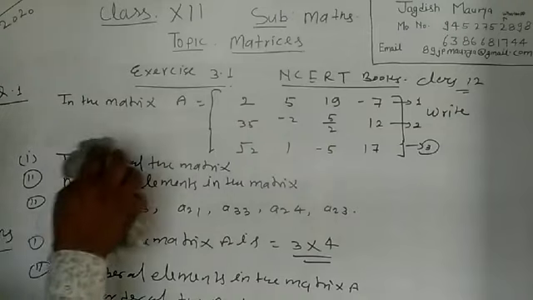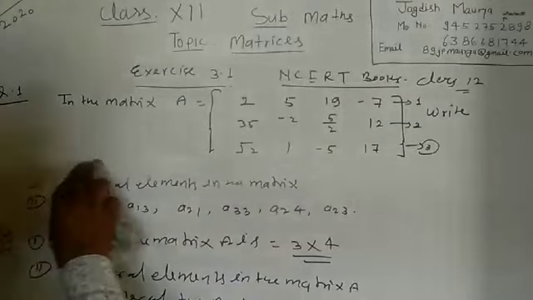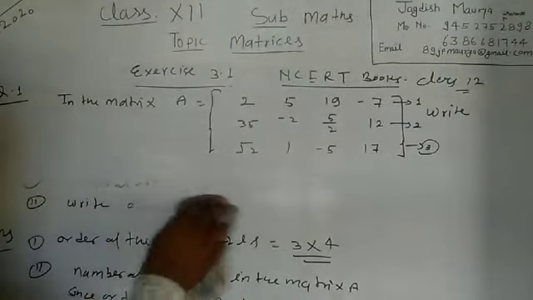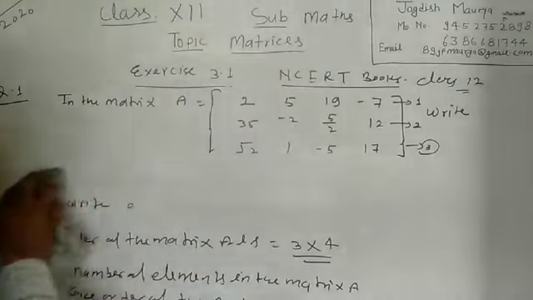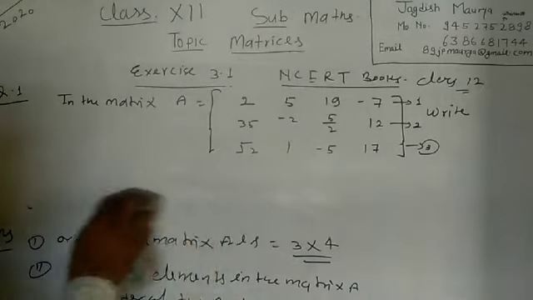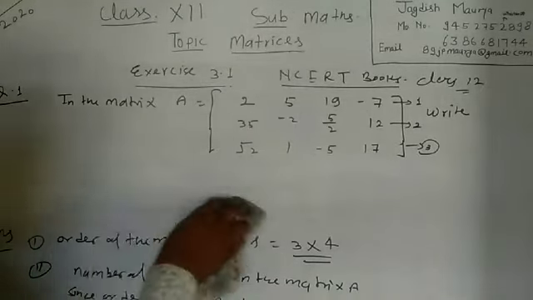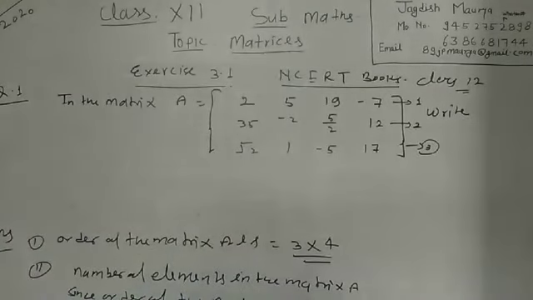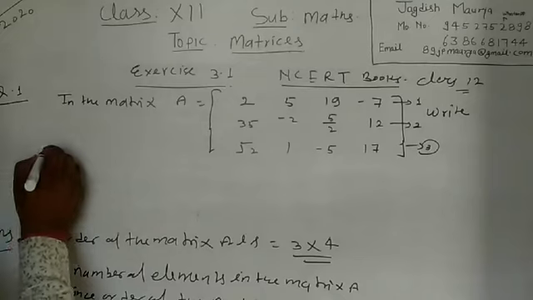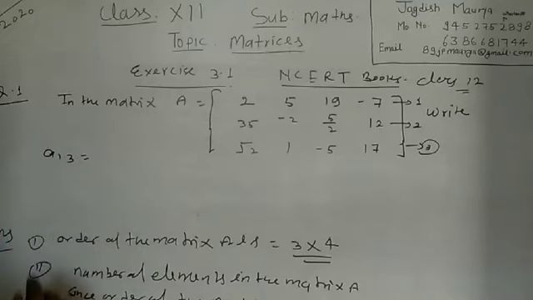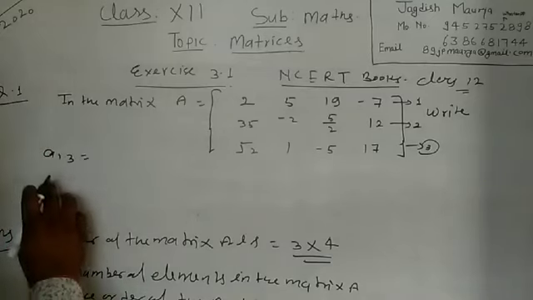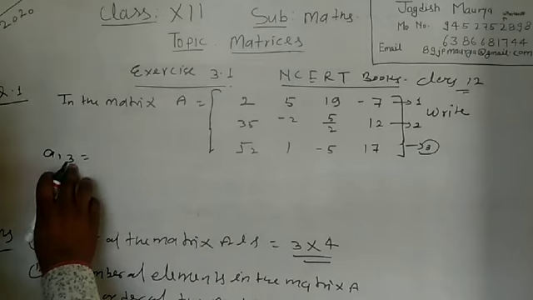Here third, we have to write the elements. A13 equal to the element of the first row and third column.